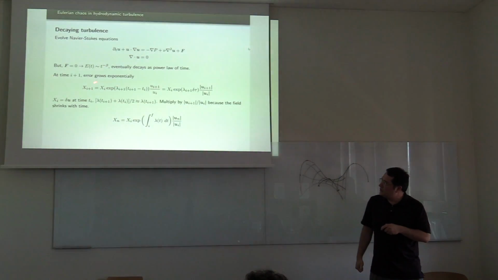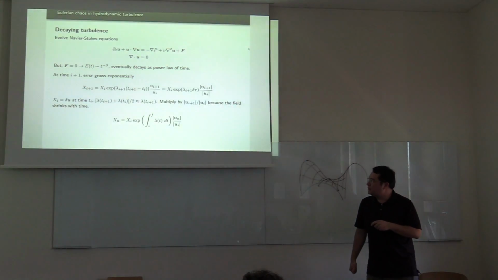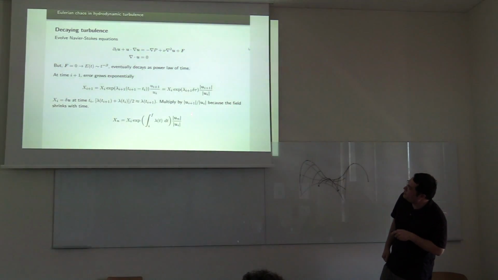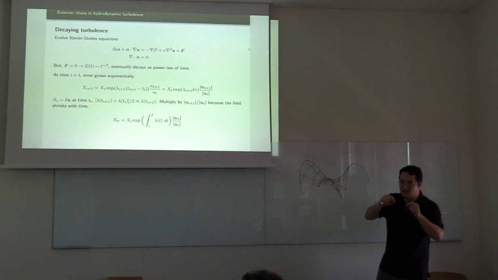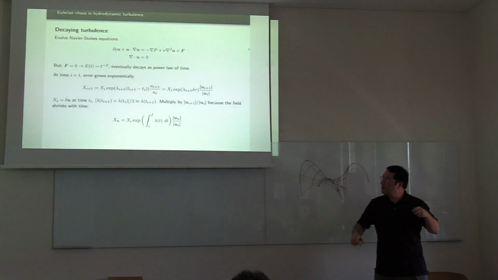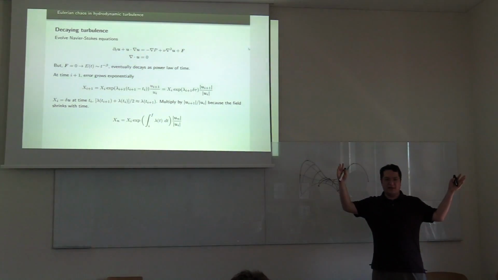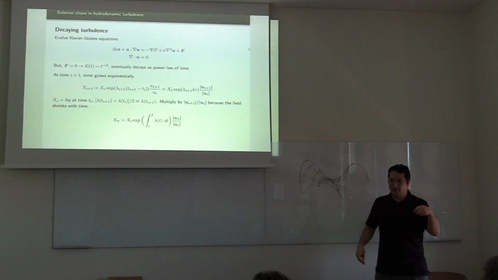And we then generate a theoretical prediction of what the exponential growth of error should look like if we have an energy which decays as a power law in time. So we have two parts of this equation. Essentially, we've got this exponential growth part. The system should grow exponentially far apart because it's chaotic, but also the whole state space of the system should shrink because the energy is decaying.